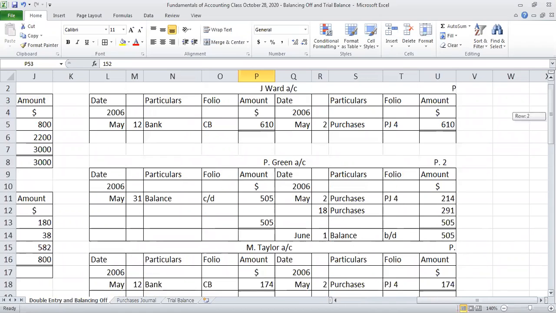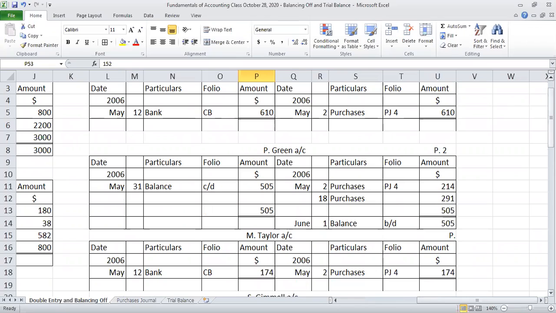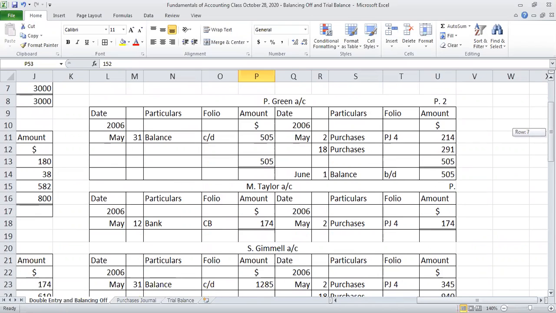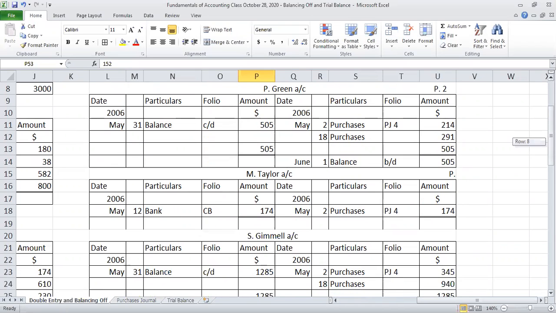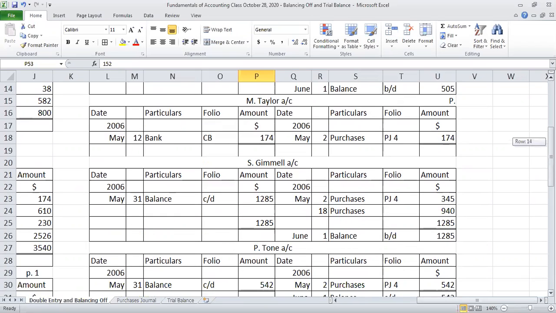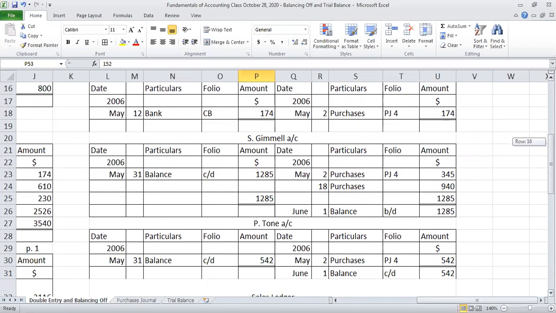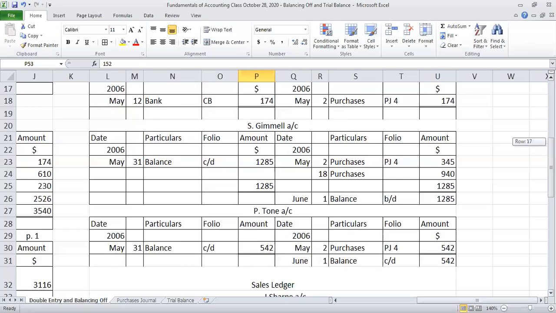P Green has a credit balance of 505. M Taylor doesn't have a balance. S Gimel has a credit balance of 1,285. P Tone has a credit balance of 542.